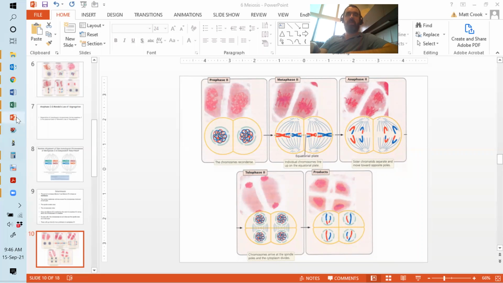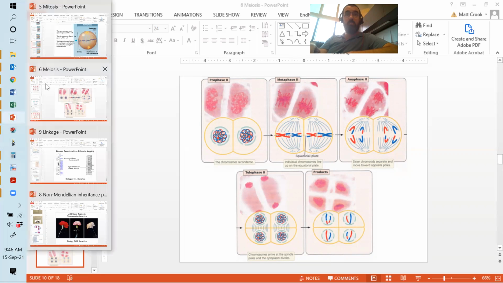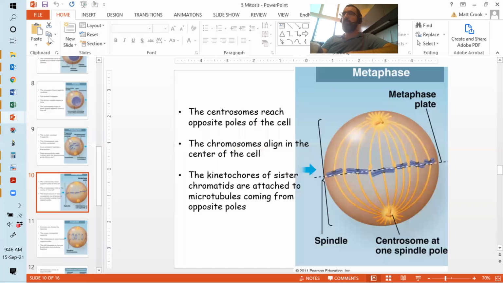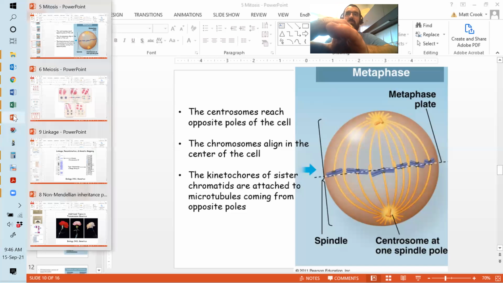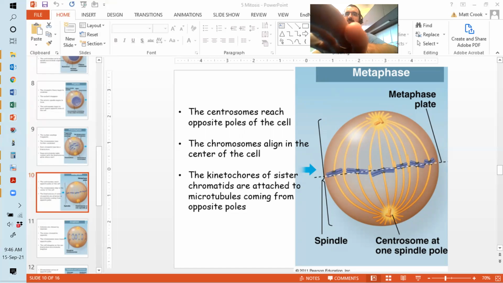Now, if you look at this one, slide 10 of the PowerPoint, n equals 3.